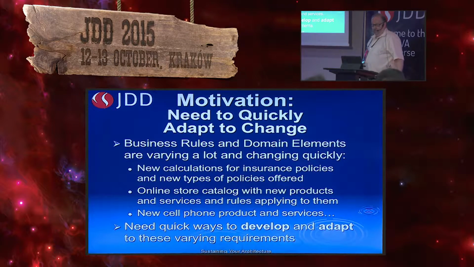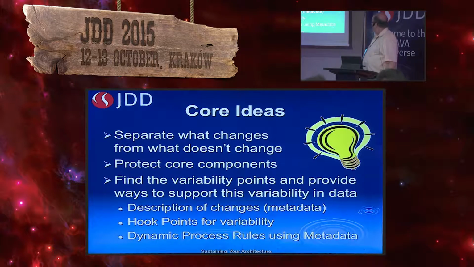And so the core idea that I'm going to cover here over the next 40 minutes, I don't have enough time to go into details, and there's a lot of details you can look at, but I'll give you the big picture, is really we want to separate what changes from what doesn't. The things that aren't changing, we can leave stable and not have to worry about, but we have a way to inject these new types of changes into the system.